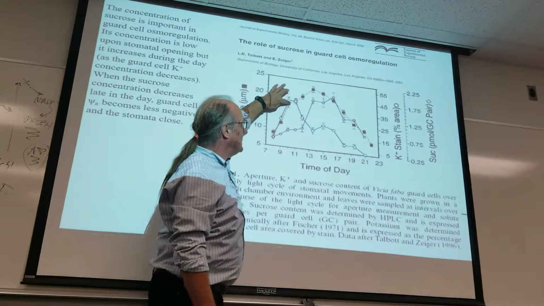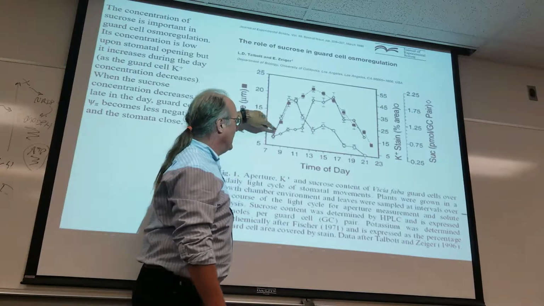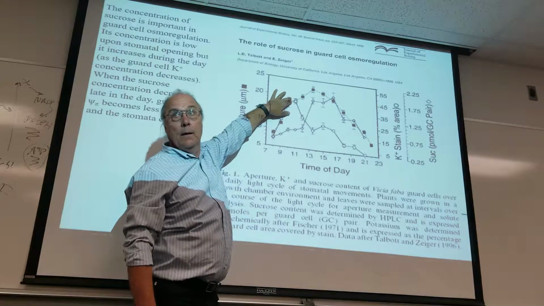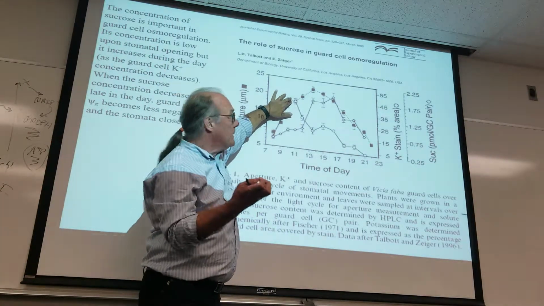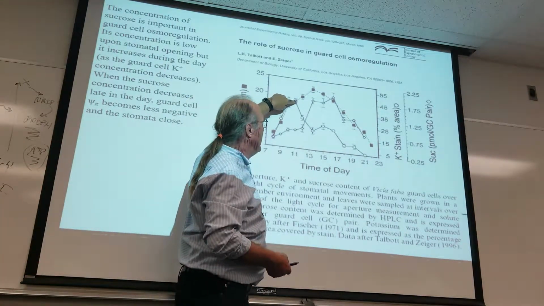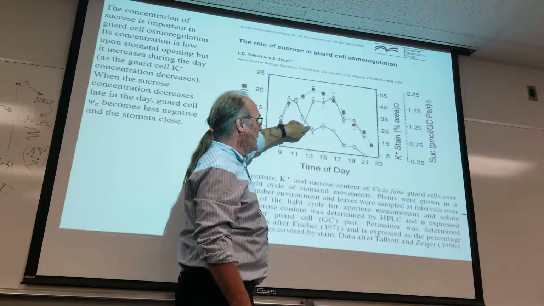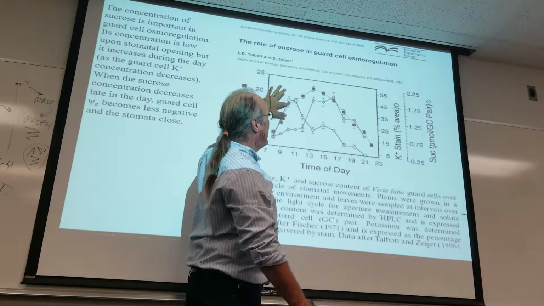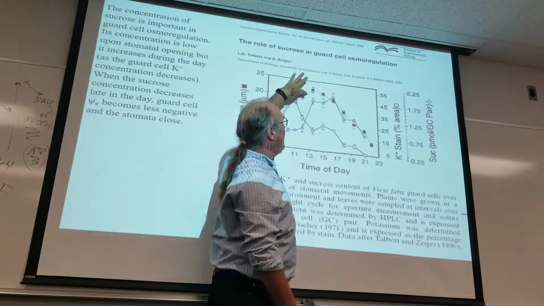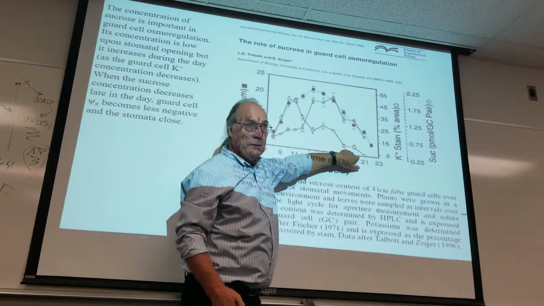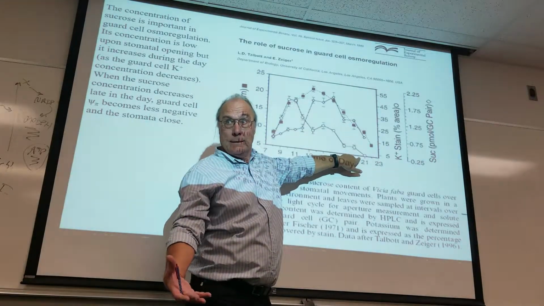And when the stomata are opening, the potassium concentration tracks that opening very well. So potassium is accumulated. But after a while, the potassium concentration in the guard cells decreases. But they're still opening and remaining open, even though the potassium concentration subsequently declines in these cells.